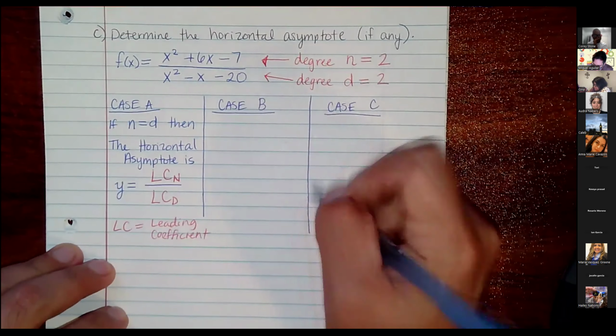There's no math that we have to do with that one. If the numerator degree is a smaller number than the denominator degree, then your horizontal asymptote is automatically going to be y equals 0, and then we can go draw that on the graph.